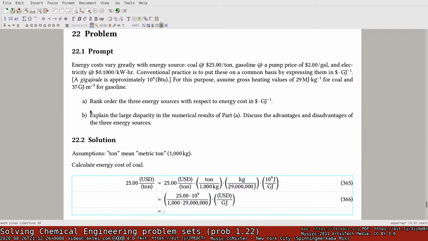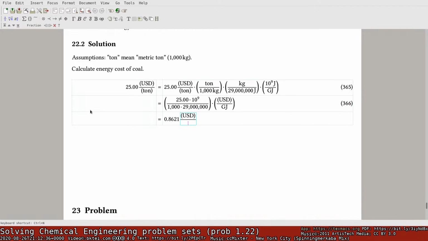You get 0.8621 USD per gigajoule. And this is, of course, coal.